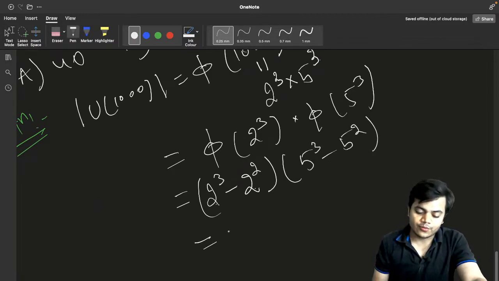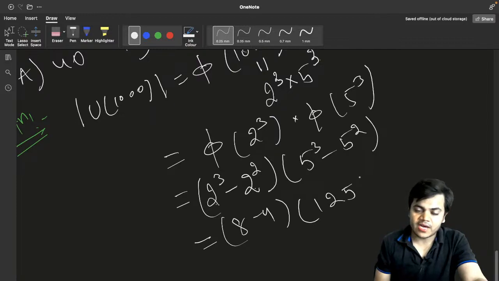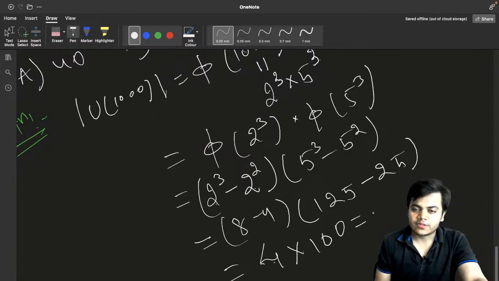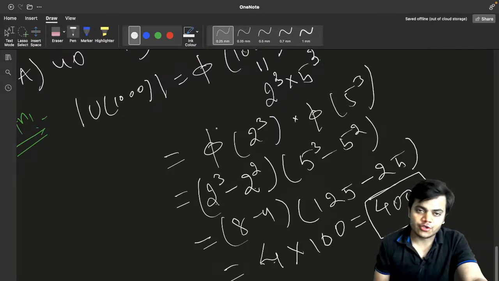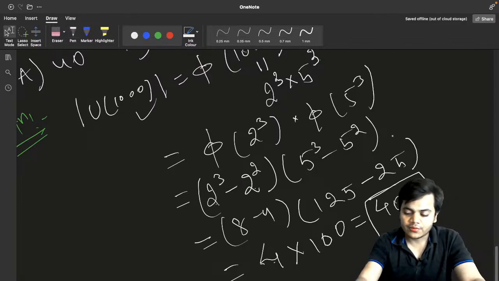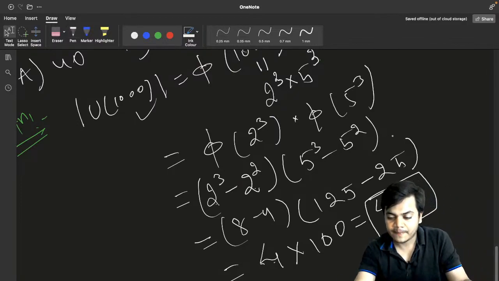So this is going to be 8 minus 4, certainly 4, and 125 minus 25, which is 100. So 4 into 100 is going to be 400. So the number of elements in U1000 will be 400. Phi of 1000 is 400. So this is what I wanted to say.